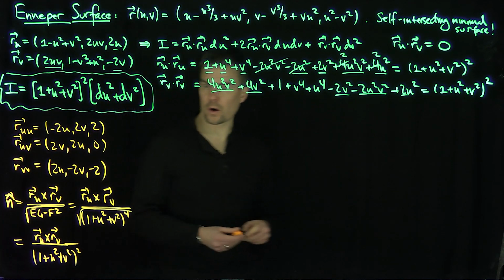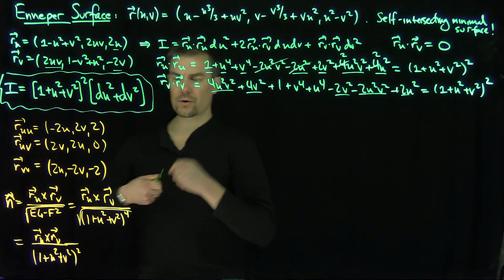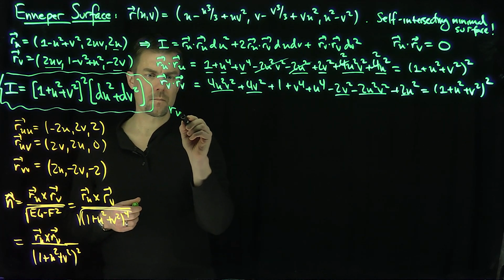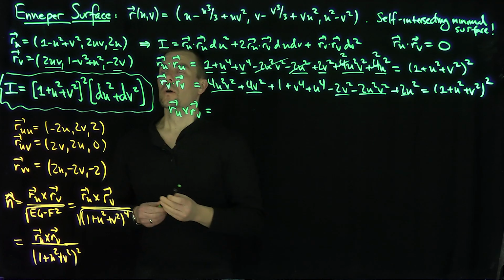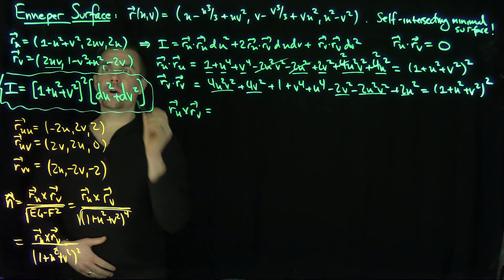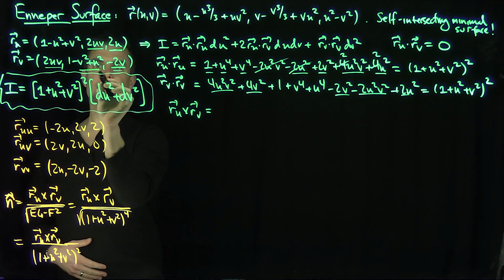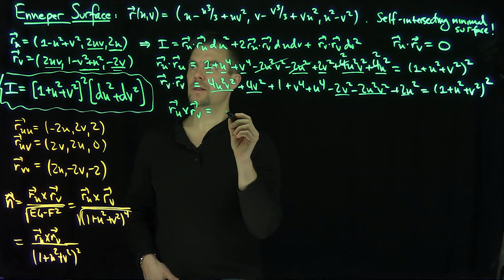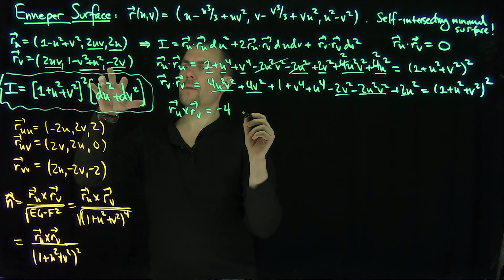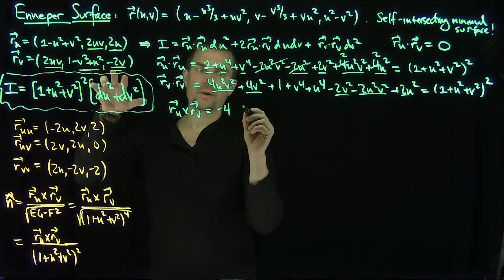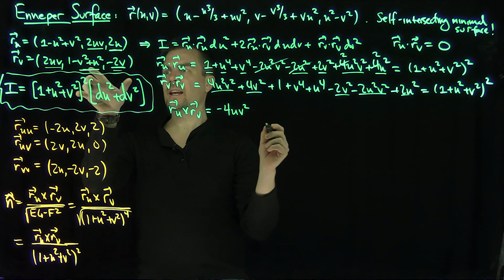Beautiful. Now let's do RU cross RV. So let's do that next. So it's RU cross RV. All right, so what we're going to do, we'll do RU cross RV, we're going to have this times this minus this times this, right? So that's going to be a negative 4uv squared, and then a negative of this thing over here.